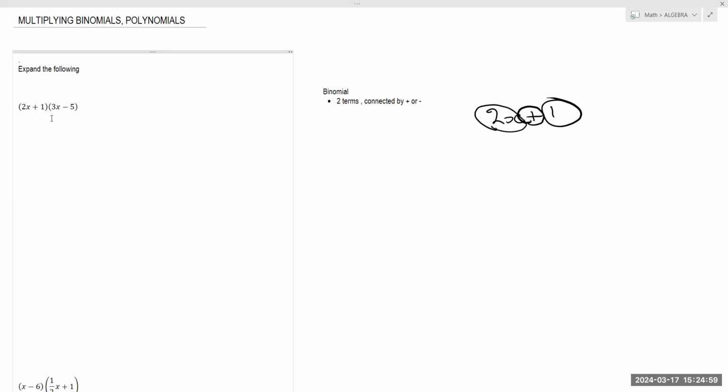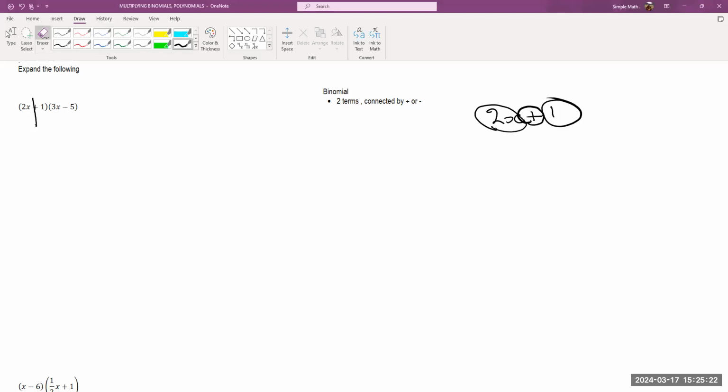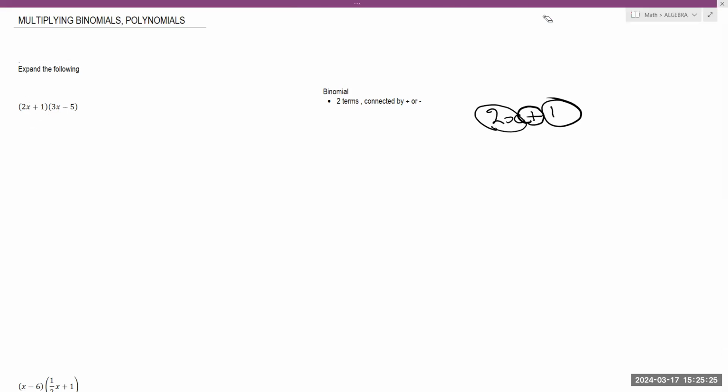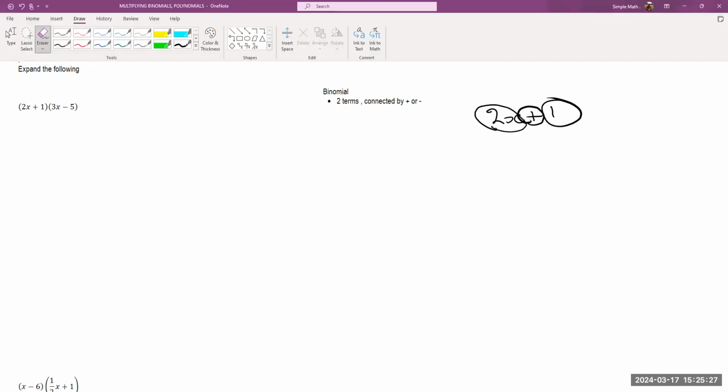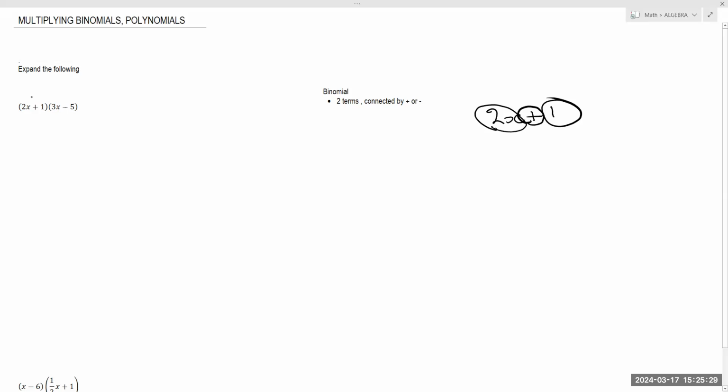There are actually three ways you can do it, but let me start with the first one. The first thing you can do is pick one of these binomials, any of them, and then you split it like this.